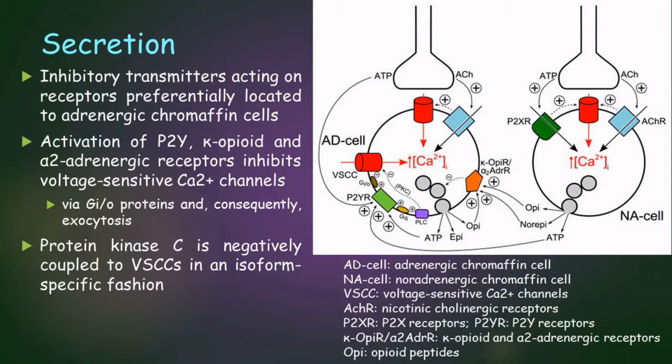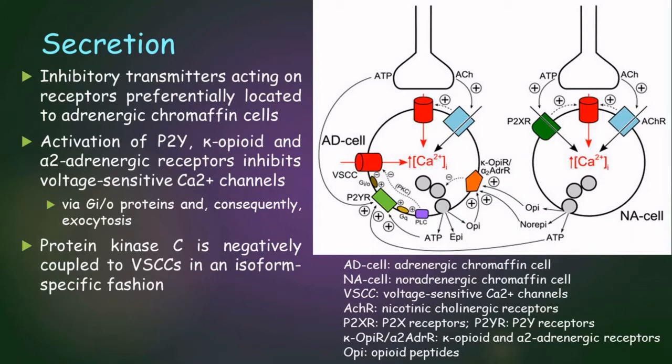This is a voltage sensitive calcium channel, VSCC. So all these, P2YR, alpha-2 adrenergic receptors and kappa opioid receptors, inhibit the voltage sensitive calcium channels via G inhibitory or G protein coupled inhibitory receptors, and consequently cause exocytosis of the catecholamines.